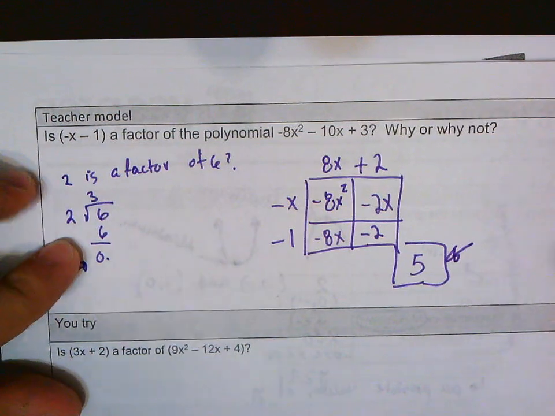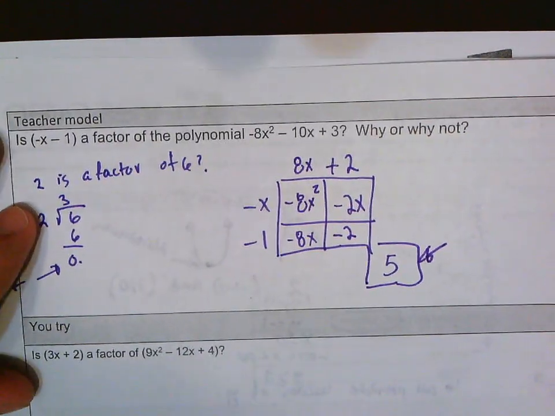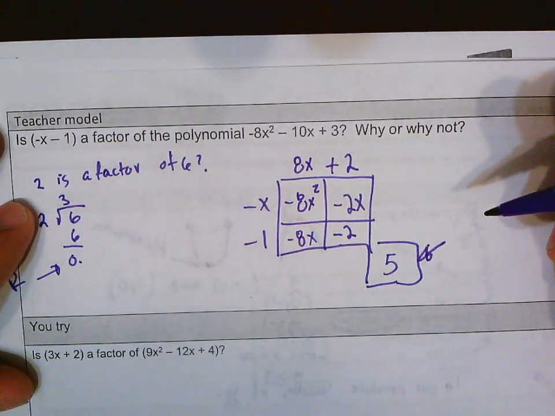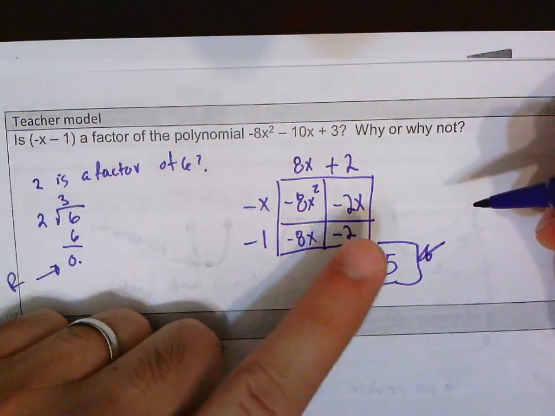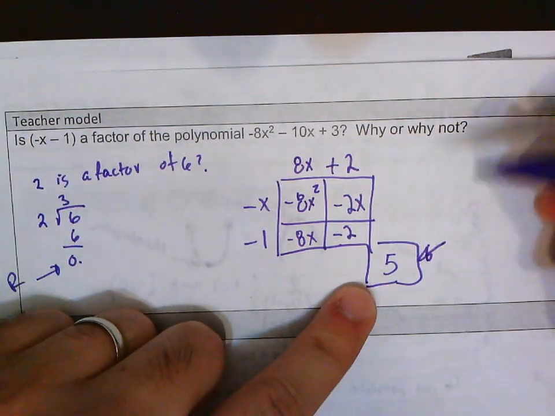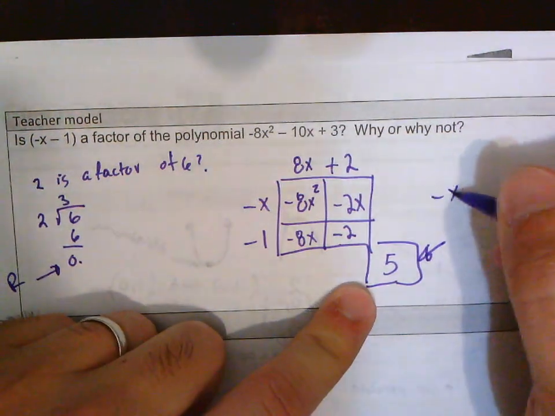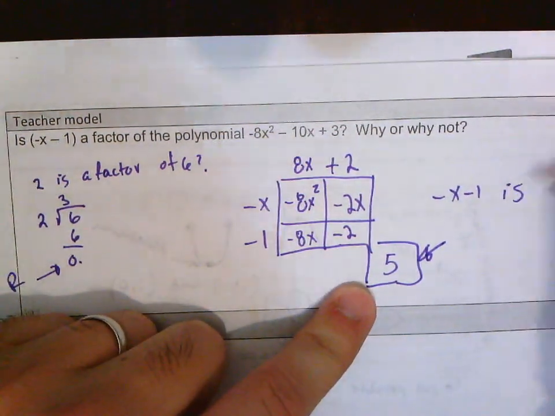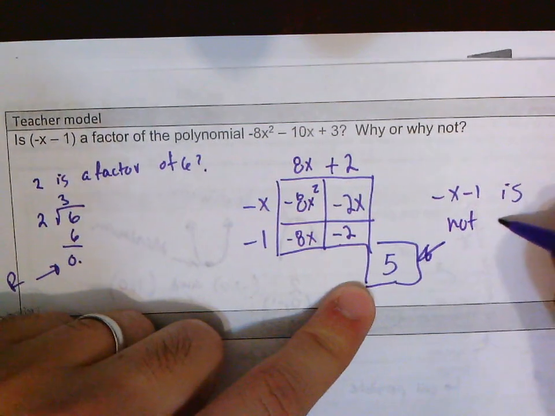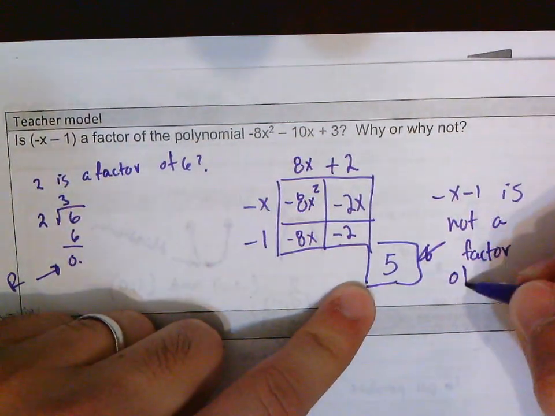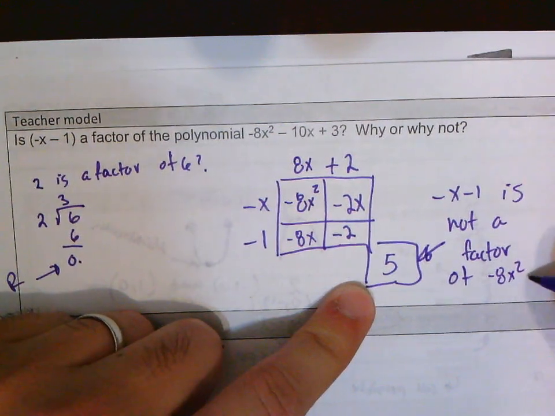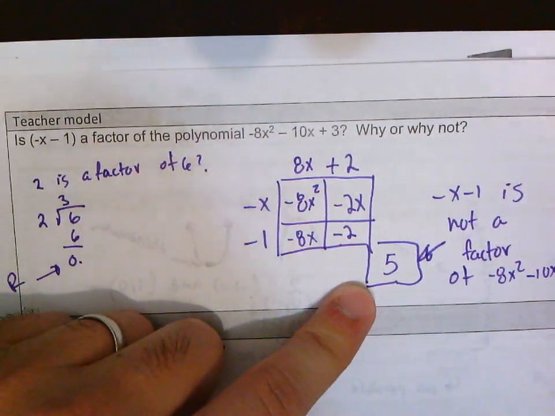Because I have a remainder, in this case a positive 5, that means that negative x minus 1 is not a factor of negative 8x squared minus 10x plus 3.